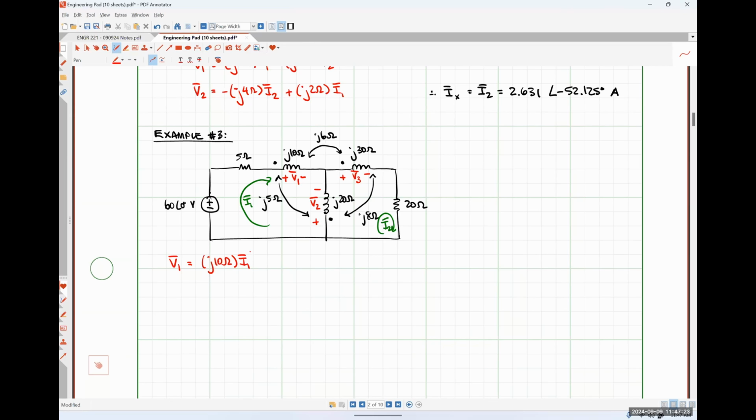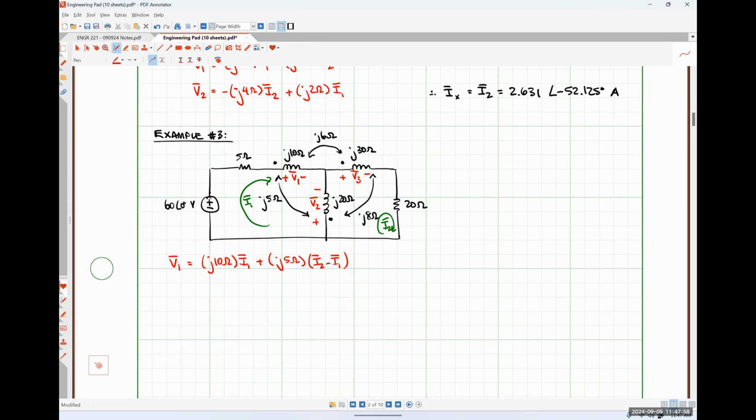So that's going to look like J5 times I2 minus I1. Does that thought process make sense? J5. The reason it's J5 is because this is a mutual inductance term, so we need to be using the value of the mutual inductance impedance.